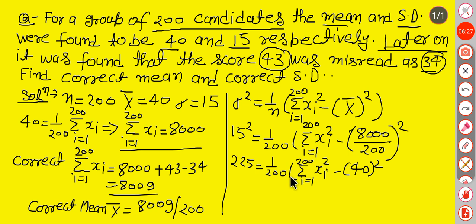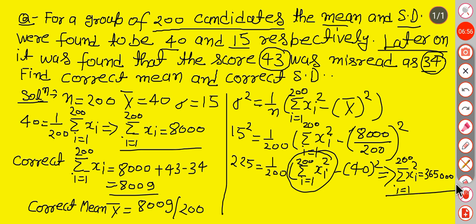If you calculate the value of this, summation over i 1 to 200 xi whole square would be equal to 365000, and that is the wrong one. So how will you get the correct one?